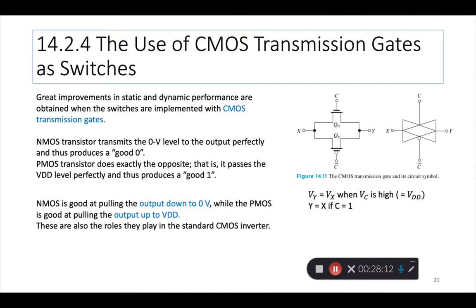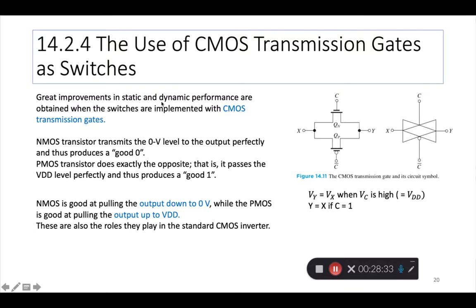Alright, now we come back to the use of CMOS again as transmission gates. So we saw that NMOS is great, it's simple, it's cheap, but it has problems. So let's see what the benefits are with a pair of transistors.